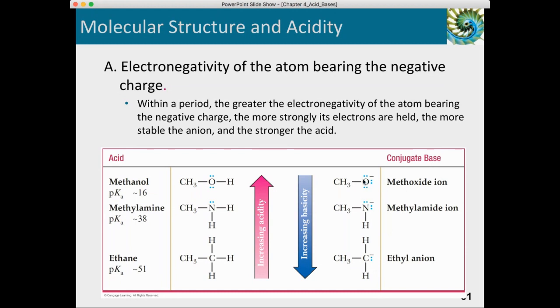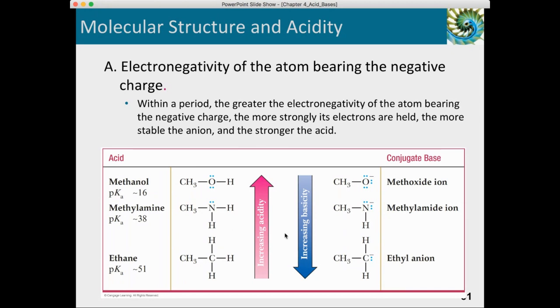The most electronegative atom of the three is oxygen. Therefore, methoxide will be the most stable conjugate base. Therefore, methanol is the most acidic of the three.